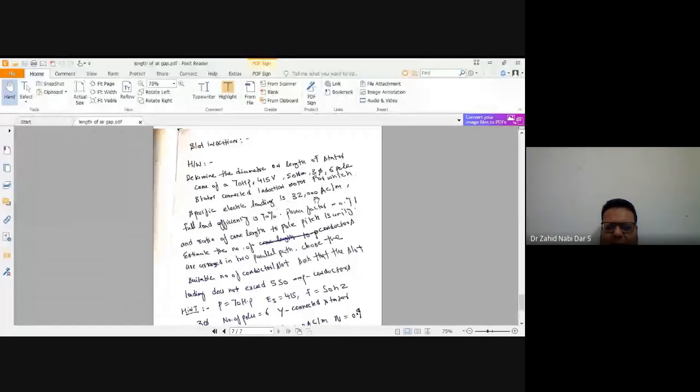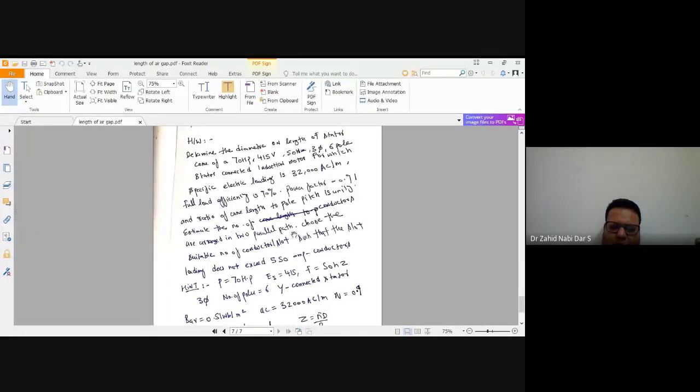Full load efficiency is 90%, power factor is 0.91, and the ratio of core length to pole pitch is unity. Estimate the number of conductors, arranged in two parallel paths. Choose a suitable number of stator slots such that the slot loading does not exceed 550 ampere per conductor.